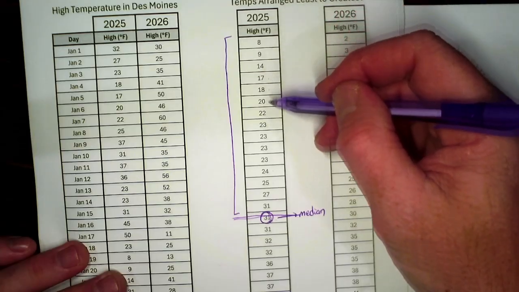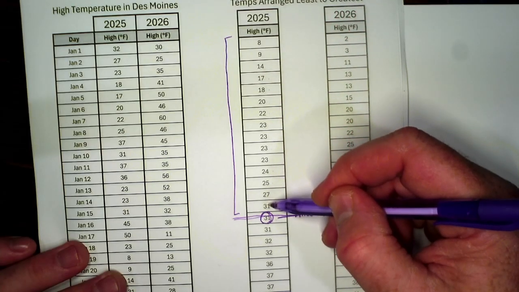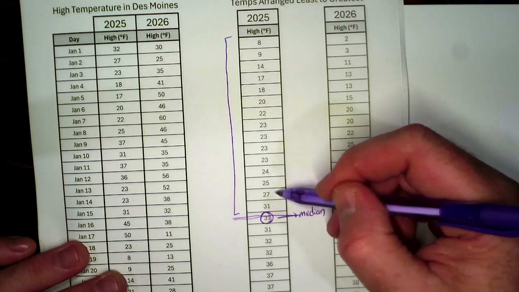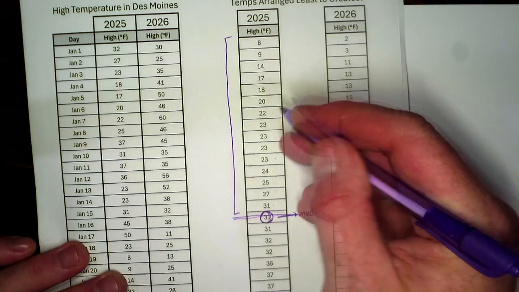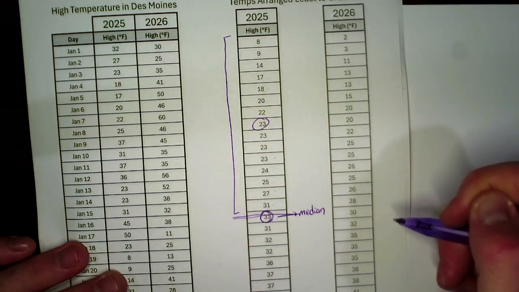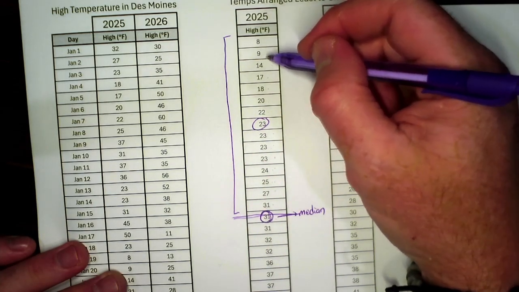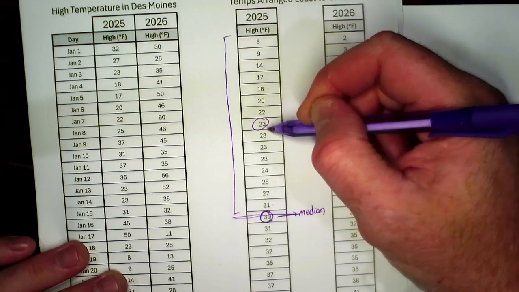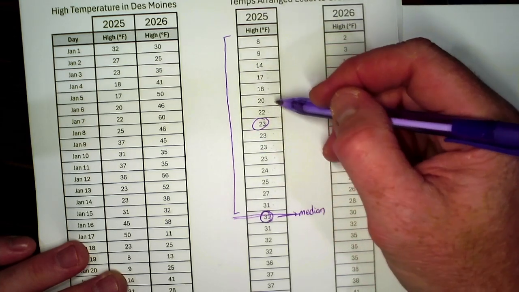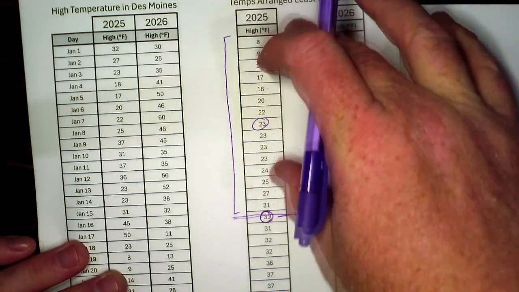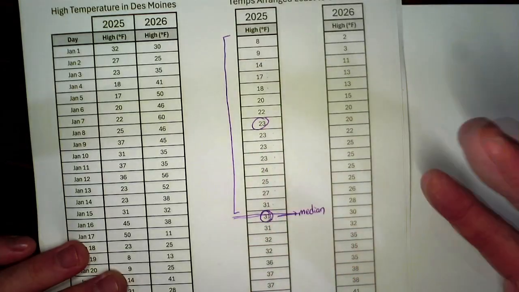That gives us 15 data points above it. So I'm going to count 1, 2, 3, 4, 5, 6, 7, 8, and there's my median of the upper half. I'm calling this the upper half because it's upper, even though the temperatures are actually lower.